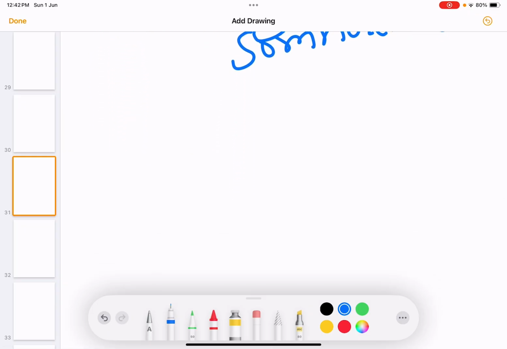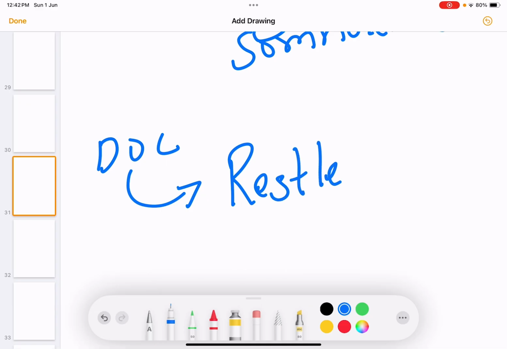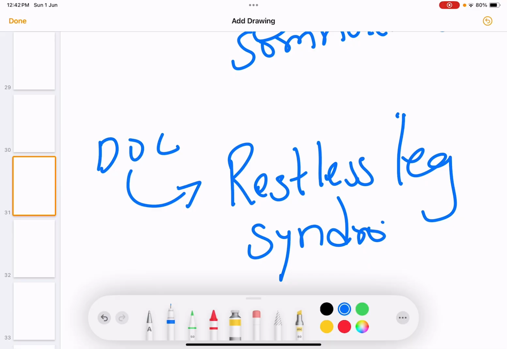Now ropinirole and pramipexole are also the drug of choice for restless leg syndrome. Now what is restless leg syndrome?